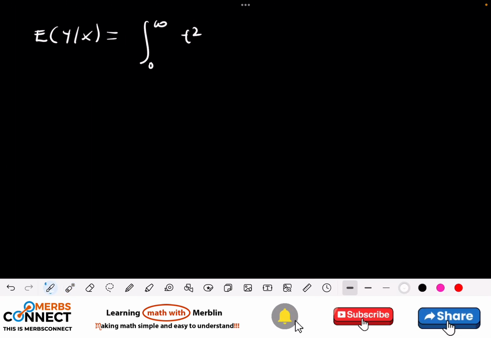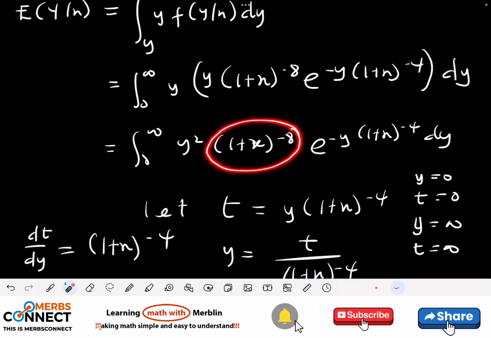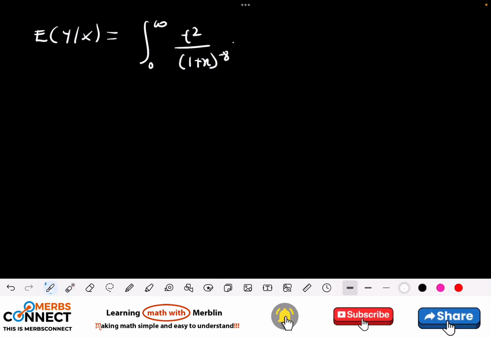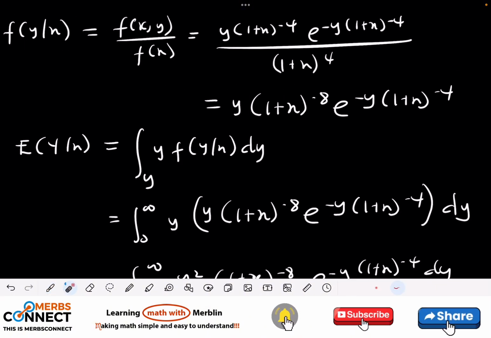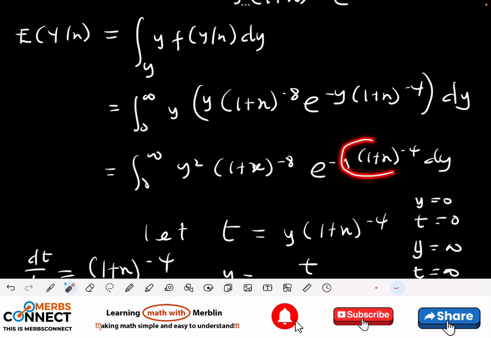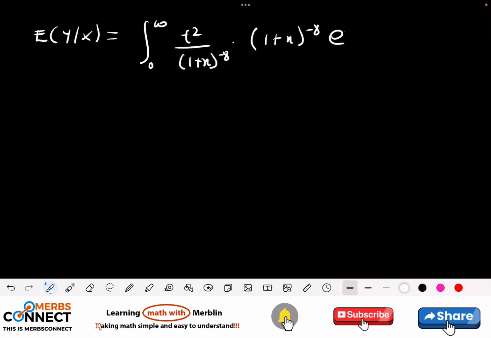So y squared is t squared divided by 1 plus x to the power minus 8. Now, times we can see that we have this function here, so we need to write it there. So times 1 plus x to the power minus 8. Then e to the power the whole of this, which we said is t, so minus t.